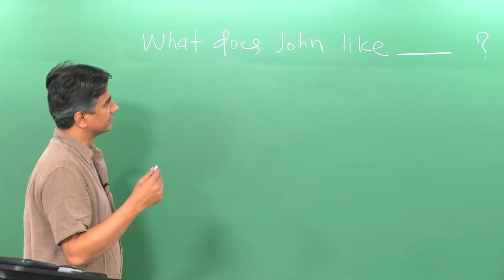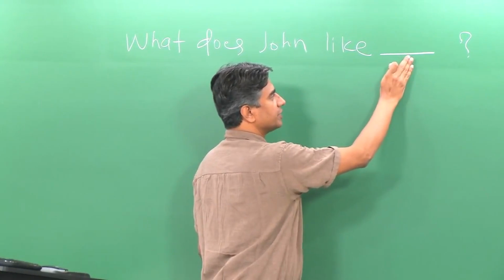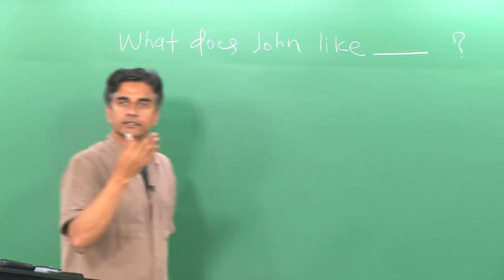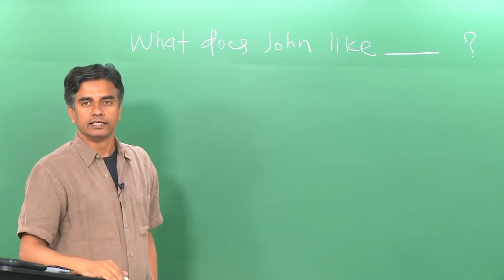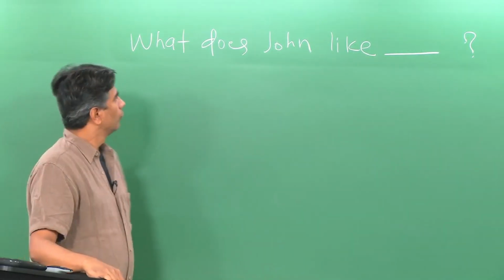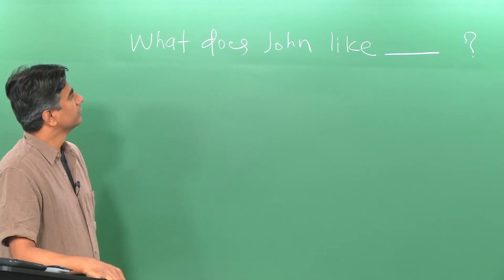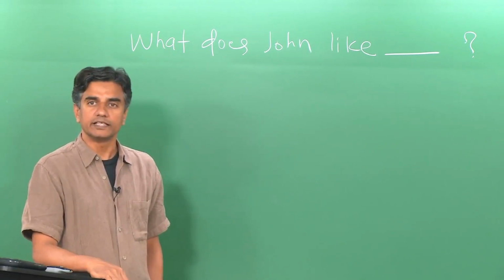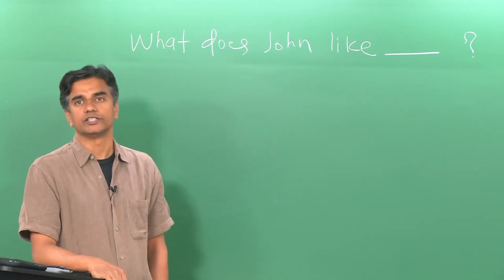What do we find in this is the object of the sentence, which was pizza in the other case, has been questioned. And we are saying, what does John like? The sentence was John likes pizza. Now we are questioning pizza, and the sentence is, what does John like?